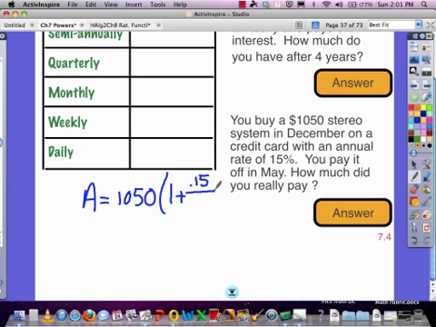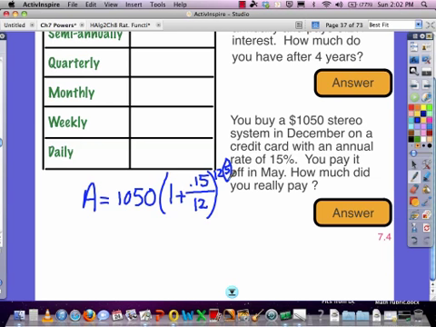So this is an example of a card where we're paying by the month. So that would be monthly, which is 12, to the power of 12 times. Now it says you bought it in December. So January, February, March, April, May. That would have been 5 months later.